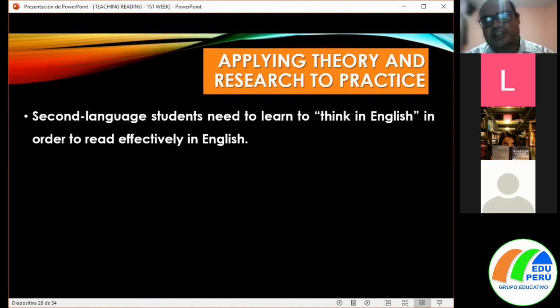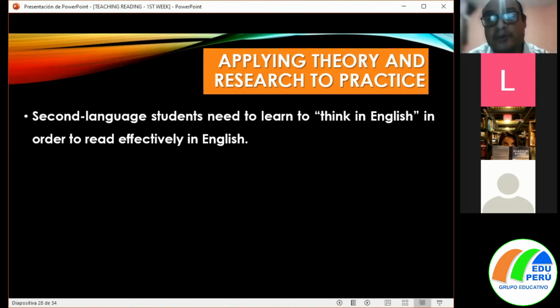As you know, there are a lot of researchers and linguists and investigators that created theories and some methods or models, no? So according to this research, we have some opinions on how to apply this theory and research to the teaching of reading. One of these is second language students need to learn to think in English in order to read effectively in English.